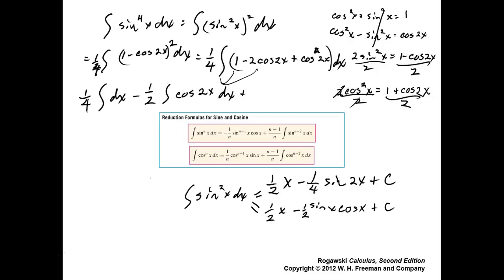Okay. We already took care of that. I forgot that. Okay. Now we have plus 1/4, because that's still in there. The integral of, instead of cosine squared 2x, that becomes 1 plus cosine 4x over 2.